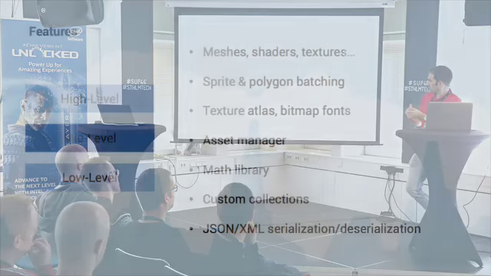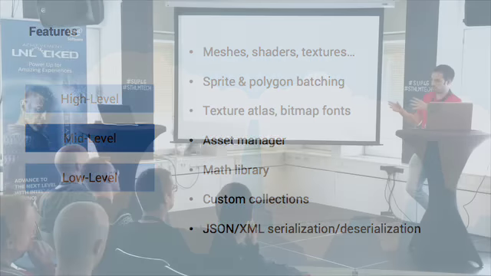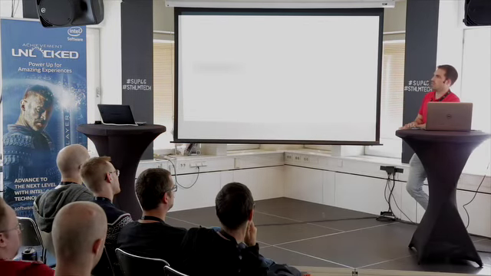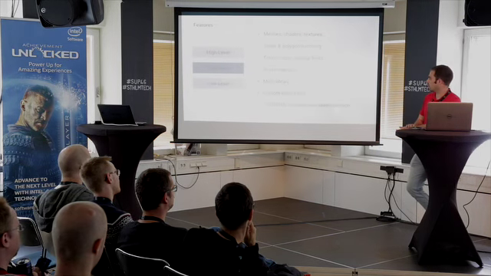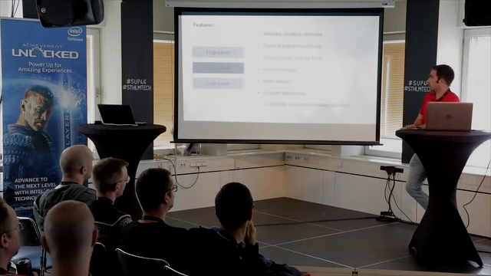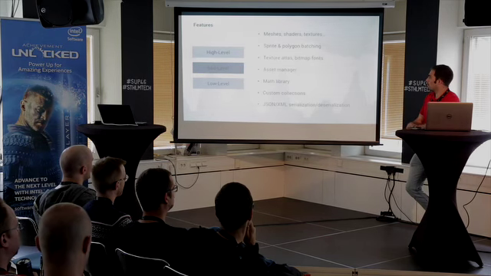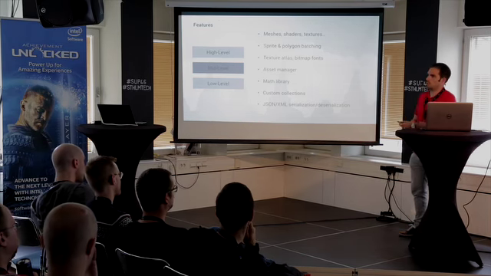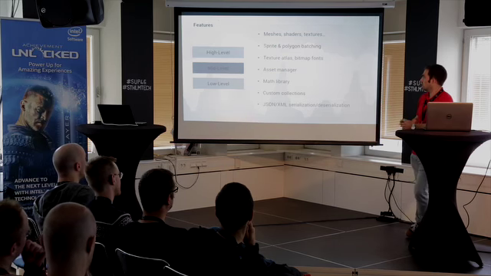So it's very fast. Basically, you send all the draw calls once, and then at the end it pushes everything to the graphics card. That makes it faster than a lot of the C++ game frameworks that are out there, just because it does batching. That's quite nice. Then there are texture atlases, and bitmap fonts for font rendering.